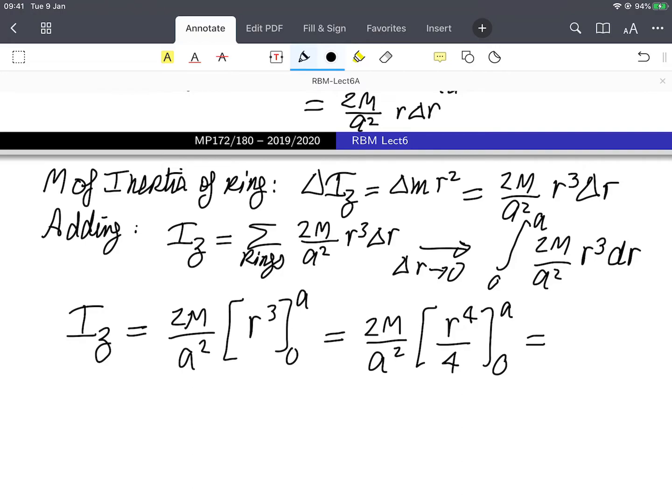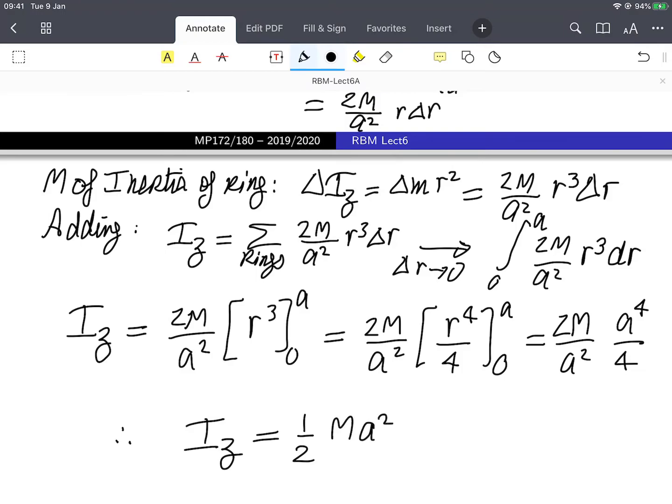I evaluate it at a and then at 0, and I end up with 2M over a squared, a to the power 4 over 4. Finally, I've just shown that the moment of inertia of a disk is 1/2 M a squared.